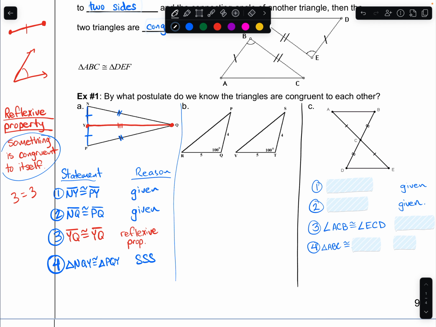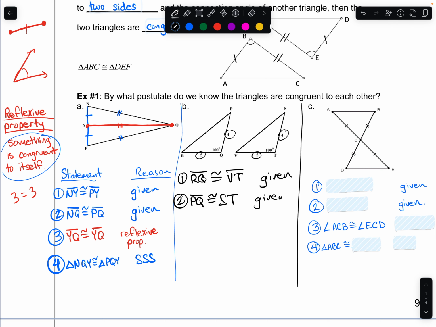I'm gonna write statements. So our first one, again, write your given stuff. We know that line segment RQ is congruent to line segment VT because the picture says so. And then these 2 line segments have a length of 4. So again, PQ is congruent to ST because they're both a length of 4.